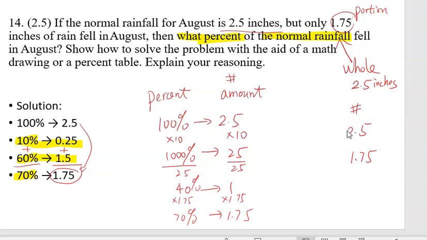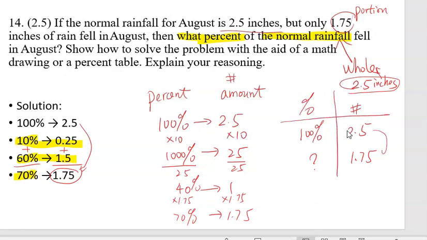And the percentage corresponds to 2.5. Remember, 2.5 is the whole, which means the percentage is 100%. And what's the percentage for the portion, which is the one we need to solve for? Okay, so this is what we see here after we set up. So we need to solve for the percentage.